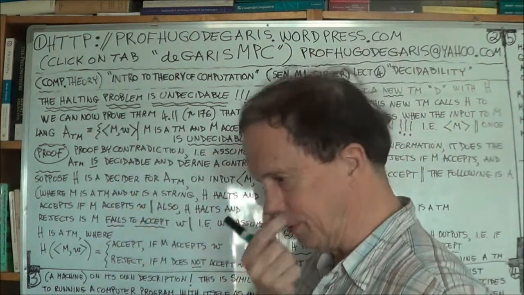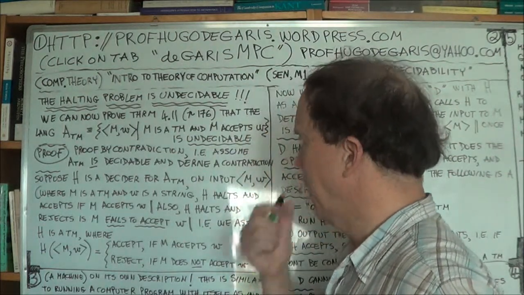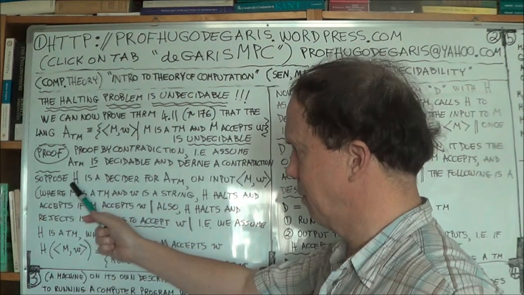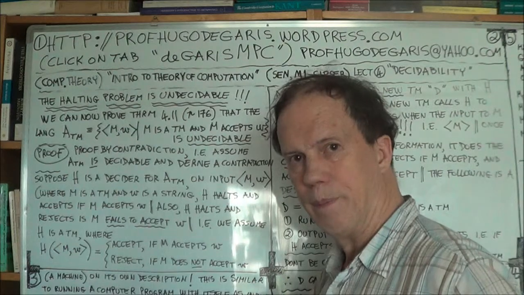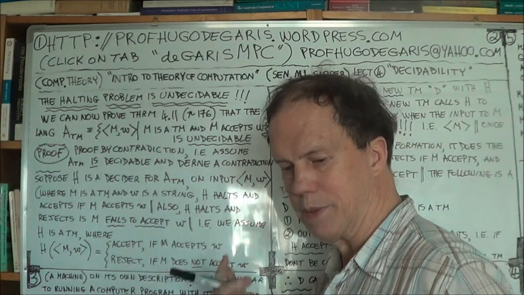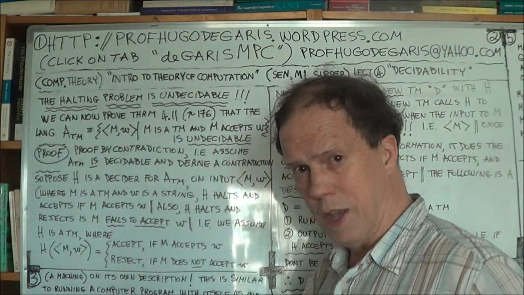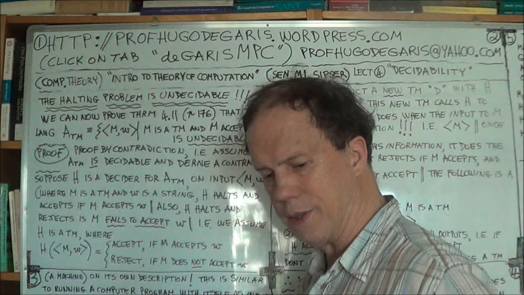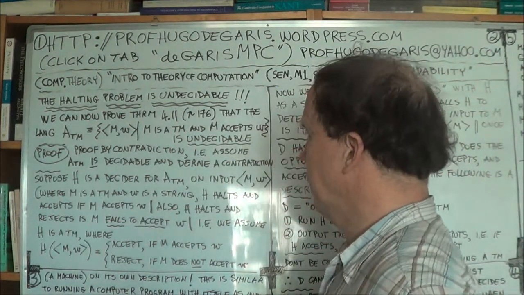H for halt. It's the halter. The Turing machine that halts. So this Turing machine H will be a decider. By definition, because we're assuming this language is decidable. By definition, that means there is some decider, some Turing machine that decides the language.